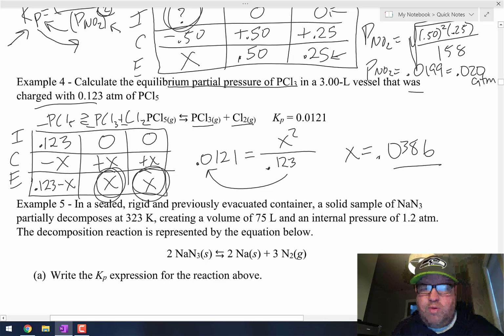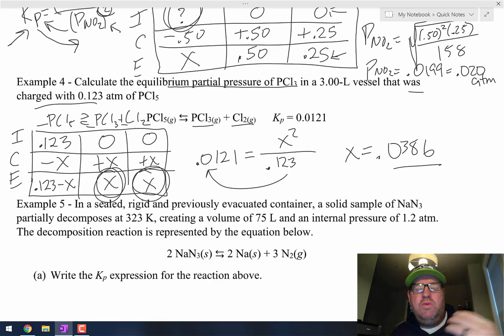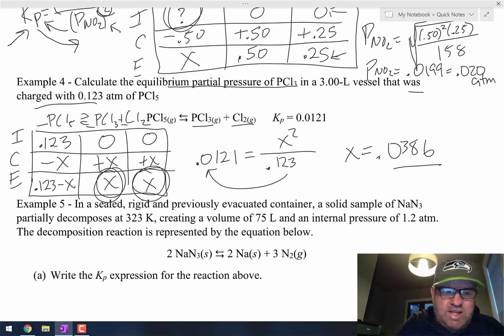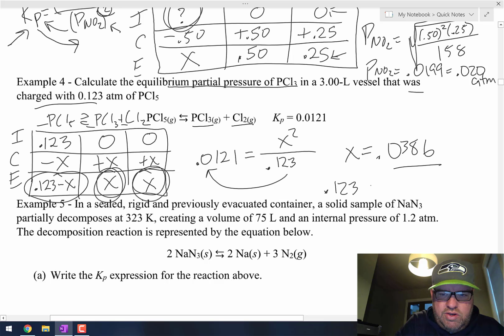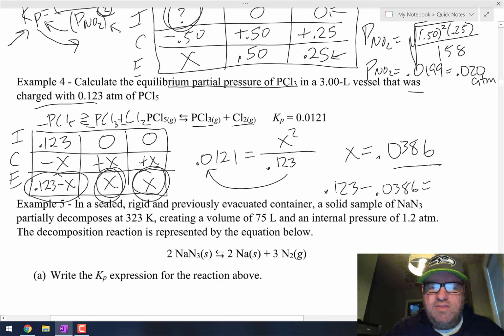It's also 0.0386. And if they asked us for the equilibrium pressure of PCl5, remember, that's 0.123 minus x. So we would take 0.123 minus 0.0386, and that would give us our value for PCl5.